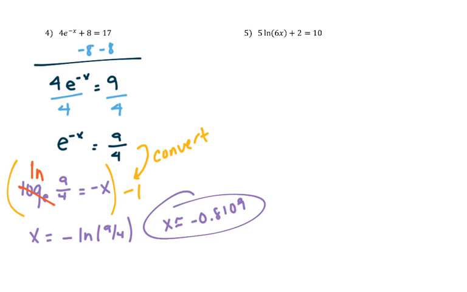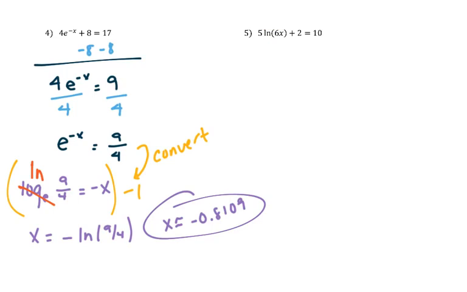All right, so in this next one, the part with x in it is the natural log part, so that's the part we're going to get by itself. So again, think about if you had 5x plus 2 equals 10, how would we get x by itself? You'd start by subtracting 2 and then dividing by 5. So that's how we're going to start this.